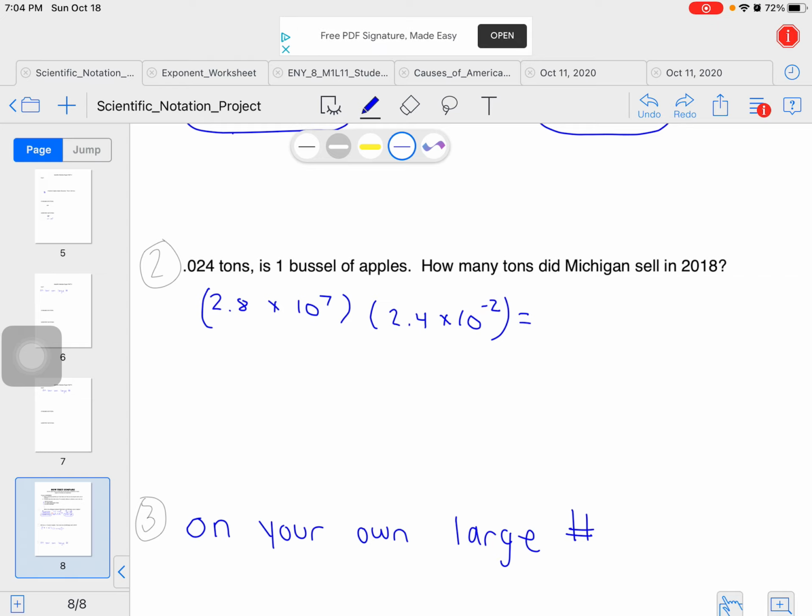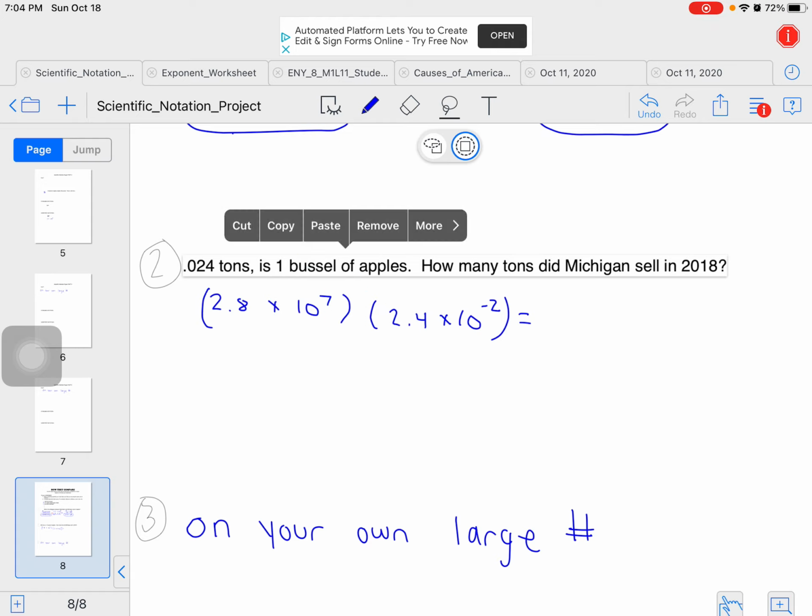I need to fix this. And I noticed an error, guys. So I want it to be this right here, 2.4. But when I wrote out this problem, it looked like this. And so I'm moving it 2 times. So I guess that wasn't an error. That's just the scientific notation.